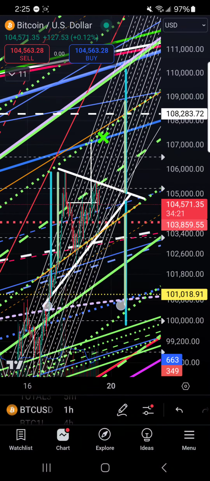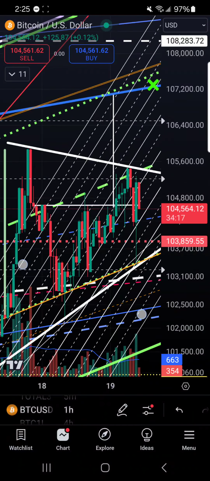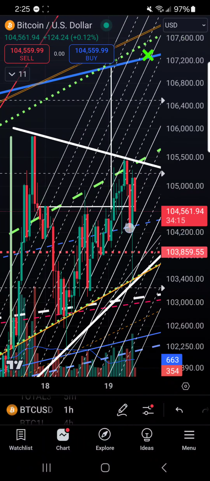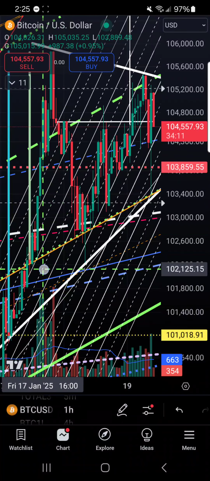That's more symmetrical if you use that green dash line that I just put that orange line over.